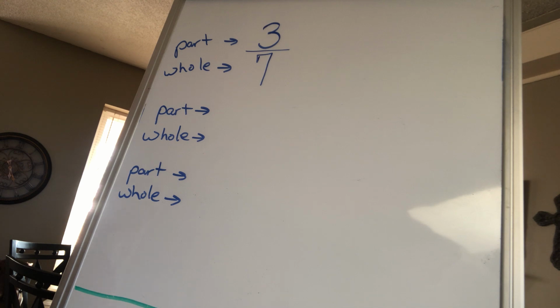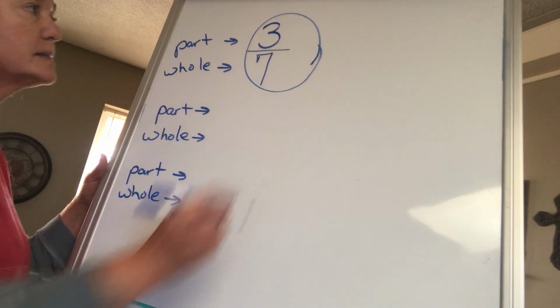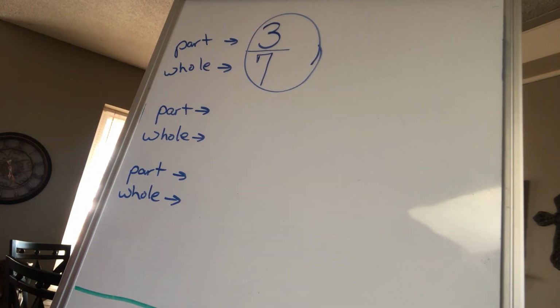Is there anything I can divide both of these numbers by and get a 0 remainder? Divide 3 by 3 and get a 1, but 7 divided by 3 would give me a remainder, wouldn't it? So there's no number that I can use, so 3/7 is simplest form. 3/7 of the fabric had print on it.